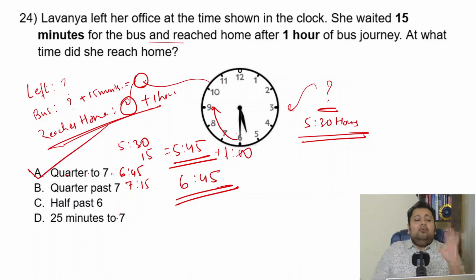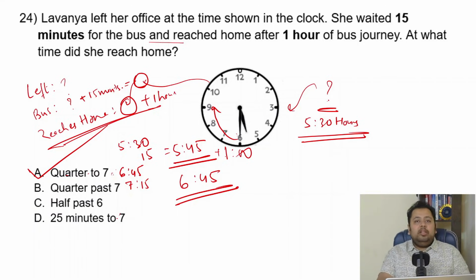Quarter past 7 means 15 minutes past 7, which is 7:15, so 15 minutes have already passed. That would be option B. So our correct answer is 6:45, which is option A. Hope you got this one correct. If you did, give yourself a star.